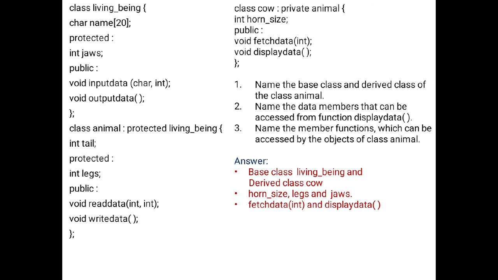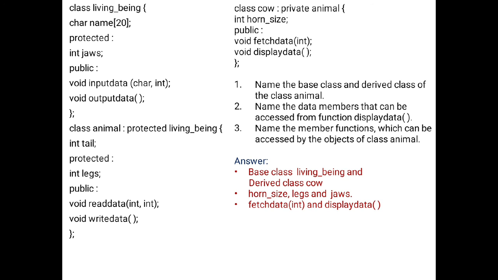So when you declare it as private, all the protected and public members will change to private. And when it is protected, the protected and public members will change to protected. And when it is public, the public will remain as public and the protected will remain as protected members only.